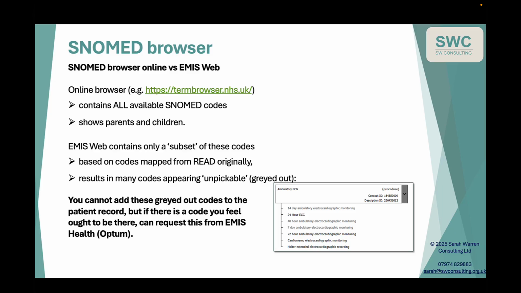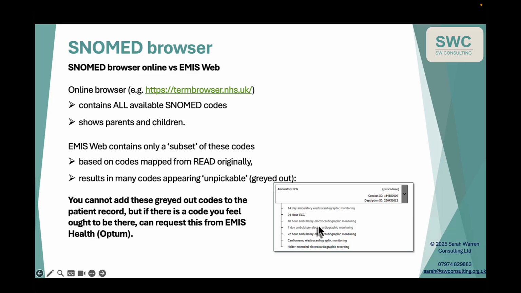EMIS Web only contains a subset of these codes, based on the codes that were mapped from Read originally, that were originally within EMIS, bearing in mind that the whole SNOMED dictionary is designed for any medical situation, and actually EMIS Web is used primarily in a primary care setting and needs only therefore a subset of those codes anyway. It does result in a number of codes appearing in EMIS but not being pickable. You can see in this case the greyed out codes are not codes that we can select.